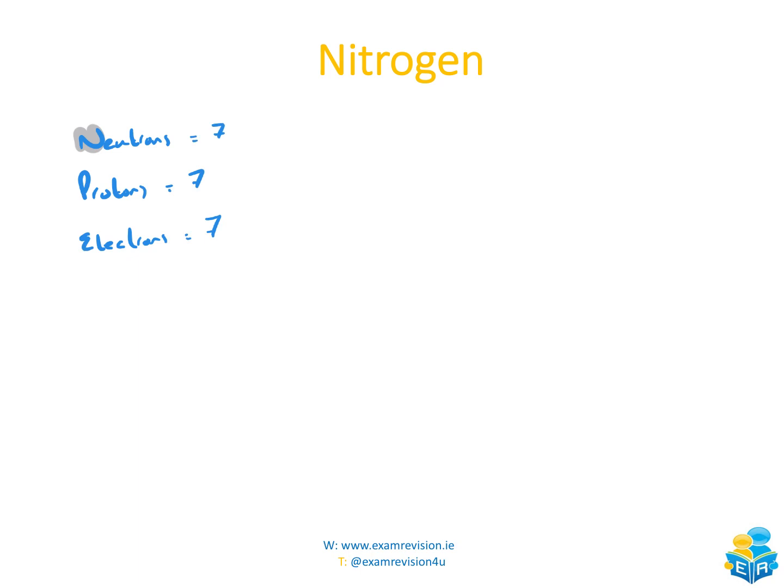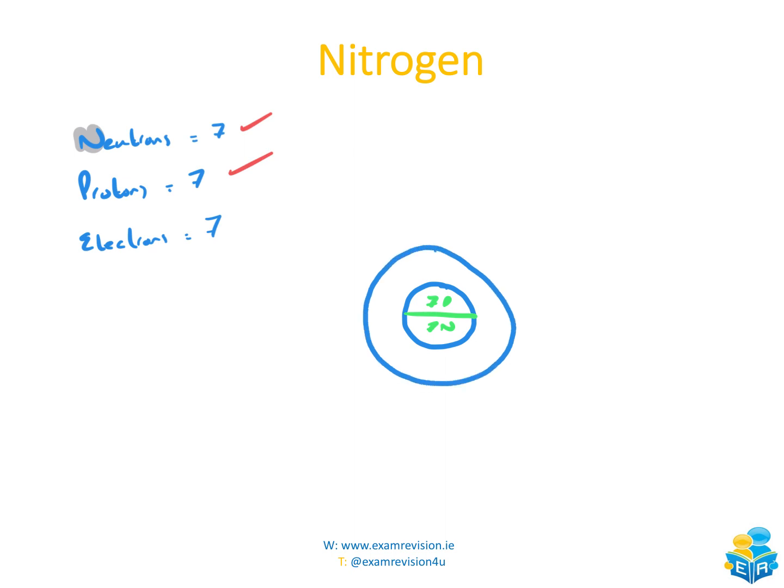So in the nucleus, we have 7 protons and 7 neutrons. They're accounted for. We now need electrons. So on that first shell, we're allowed to have 2. So there's 1 electron, there's the second electron. We've used 2, we still need 5 more.